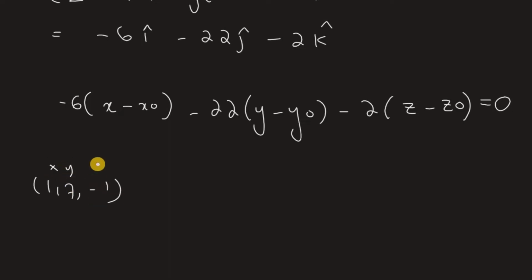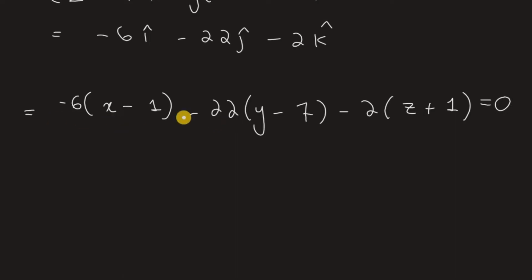So this is x, this is y, this is z. So x0 is replaced with 1, y0 is replaced with 7, and -1, negative, that makes a positive, so then here we have 1. You can leave your answer like this. This is the equation of the plane that we were asked to find.